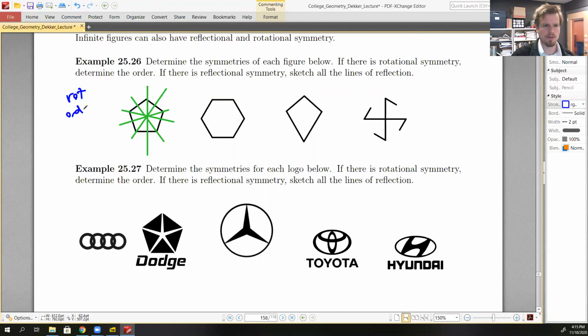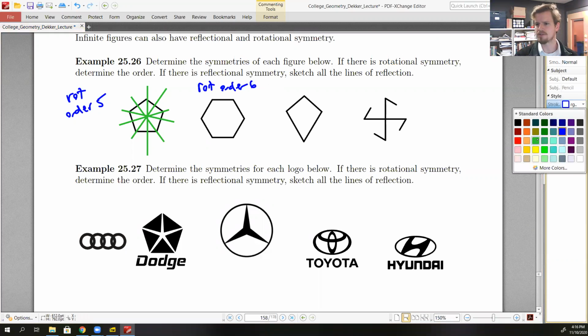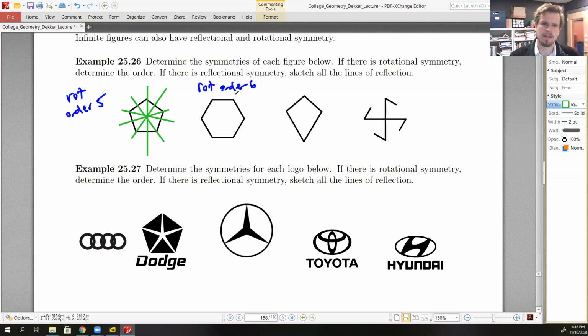Rotational order 5. So here we have a hexagon, and in this case, I could rotate it 6 different angle measures. So I can rotate this for rotational symmetry of order 6, and I can consider the lines of reflection as well.